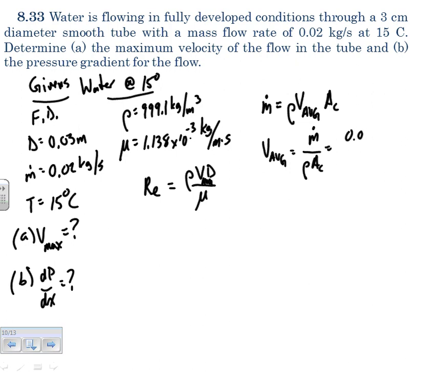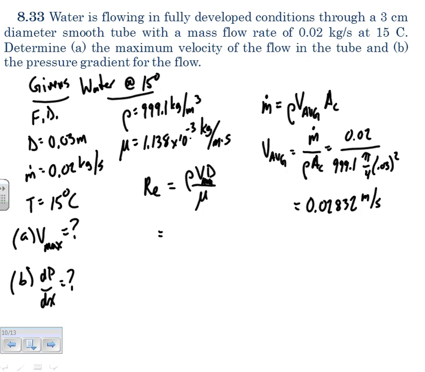So that's 0.02 divided by 999.1 times the area, pi over 4 times the diameter, 0.03 squared. This gives me an average velocity of 0.02832 meters per second.